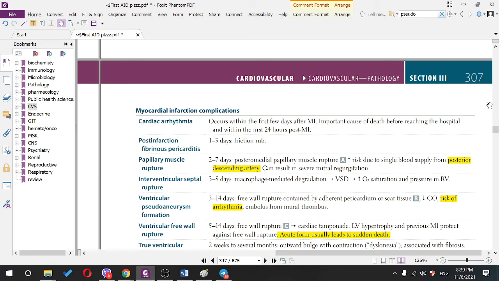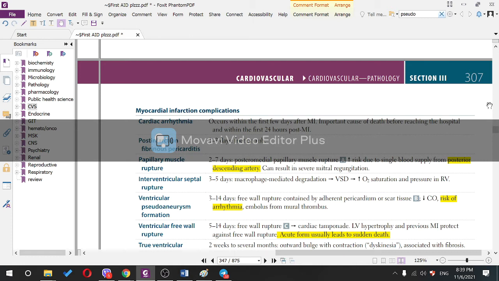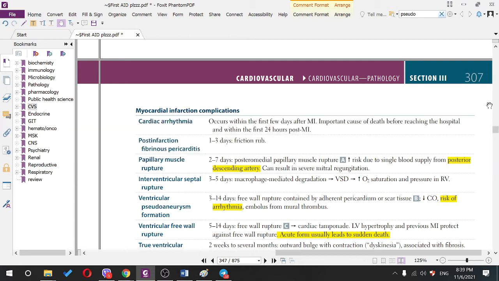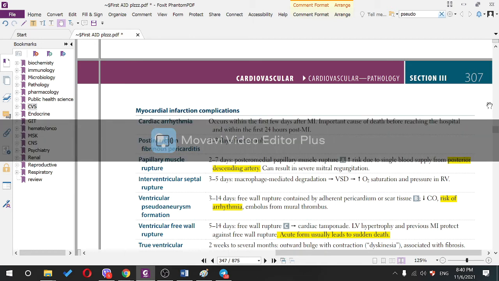Now, here is a really important thing. Why is the posteromedial papillary muscle at higher risk of rupture than the anterolateral one? Yes, it has a single blood supply.